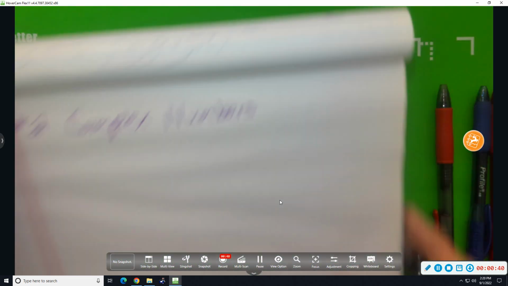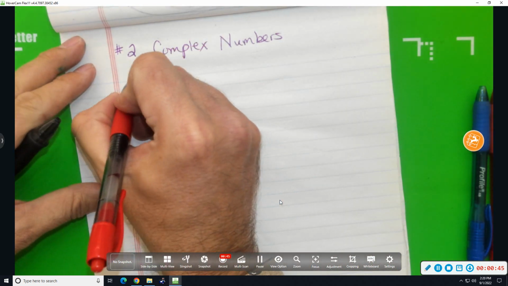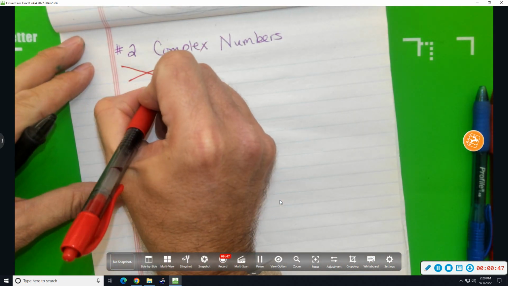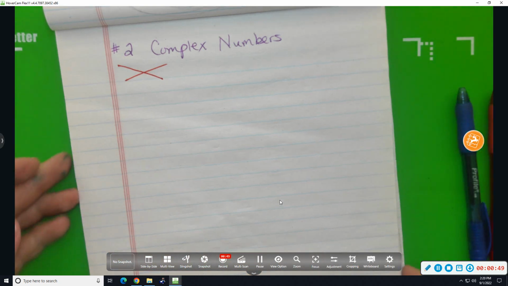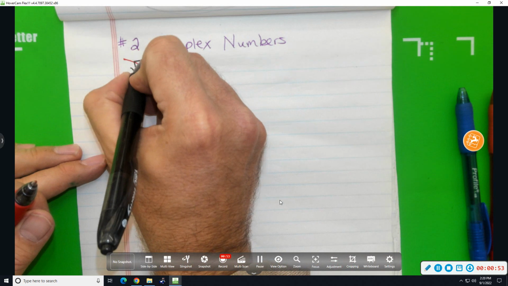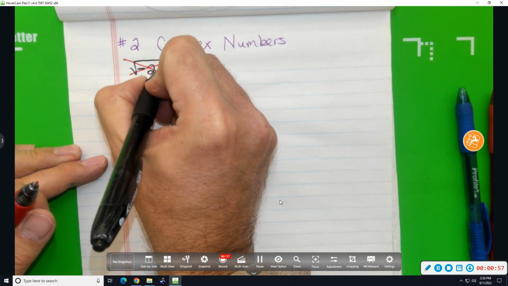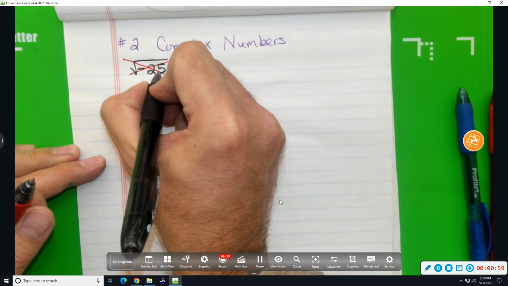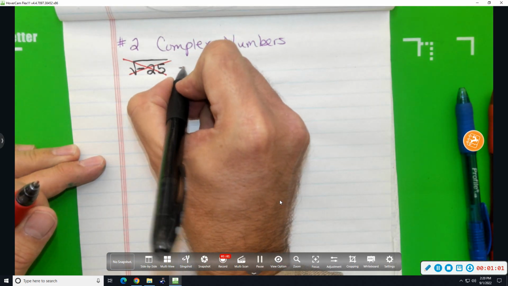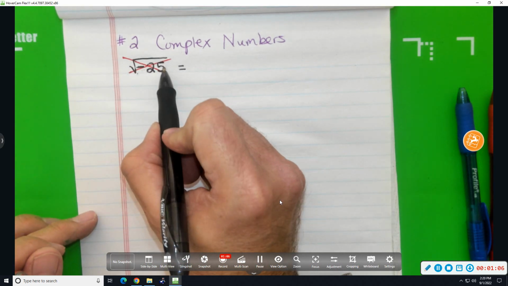But here's a common mistake that students make when working with square roots. I'm going to put a red X, meaning this is wrong. Suppose I had this: the square root of negative 25. Oh, wow. Can you not read it because of my big red X? It's the square root of negative 25.